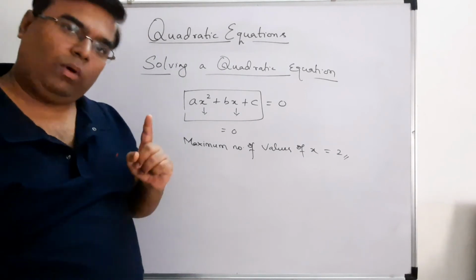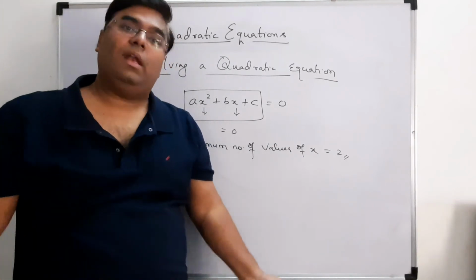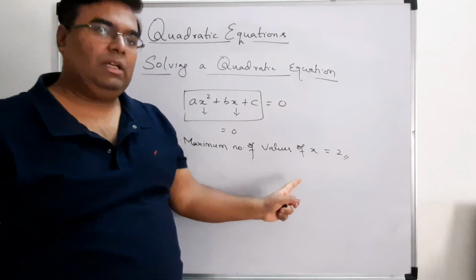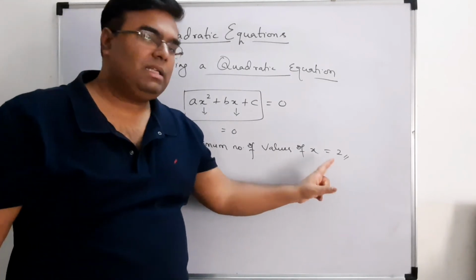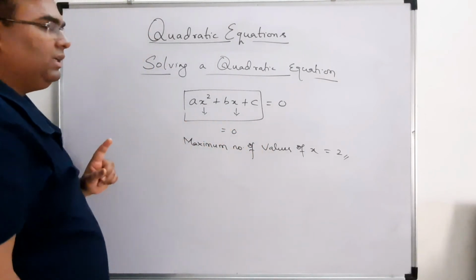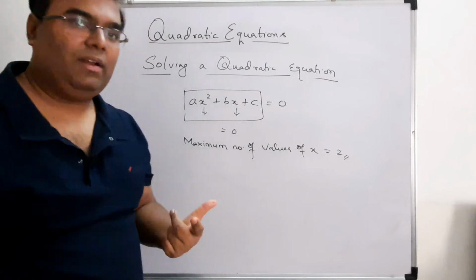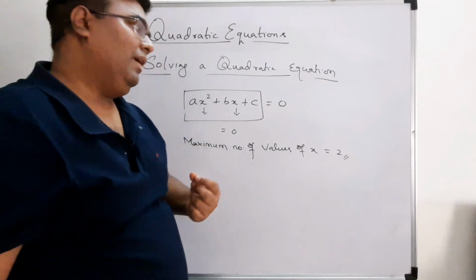Sometimes we get only 1 value, sometimes we get no value, right? We will see it later. So the maximum number of values of x that we can get is 2, right? It cannot go beyond 2. It cannot be 3 values or 4 values. It will be maximum 2 values only.